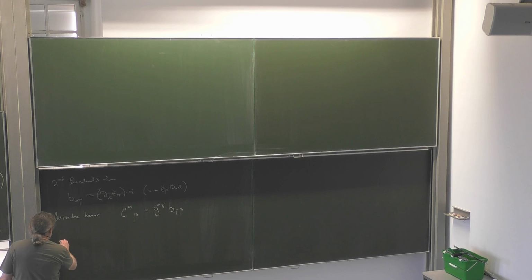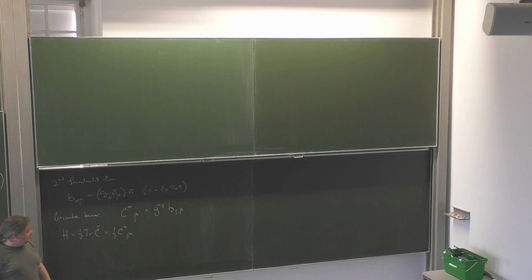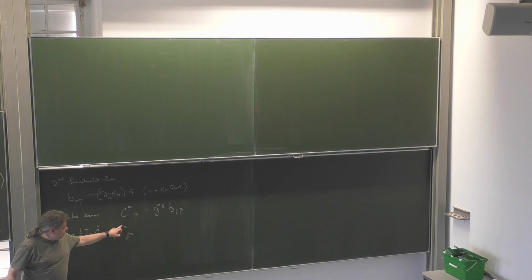So I'm going to define something called H, which is just 1/2 the trace of this tensor, which in the fancy language of indices is written this way, because a repeated pair of indices means I'm summing the diagonal elements, right?